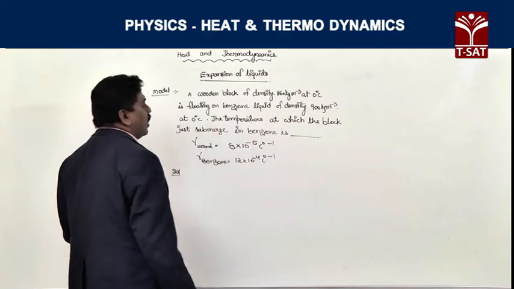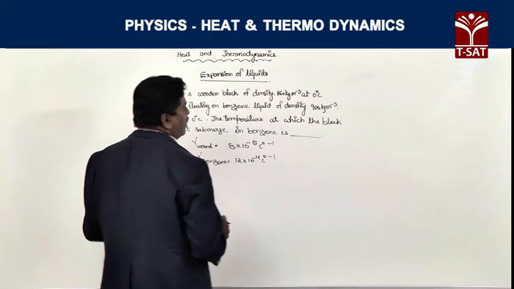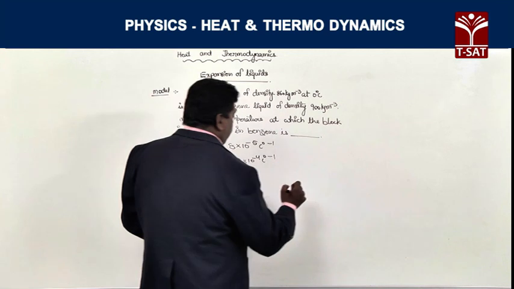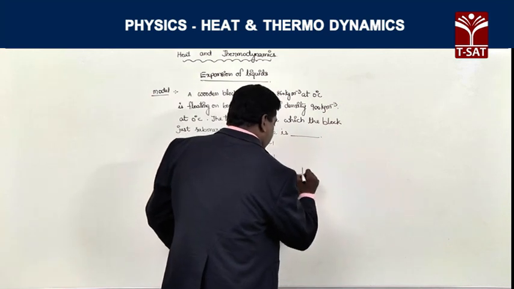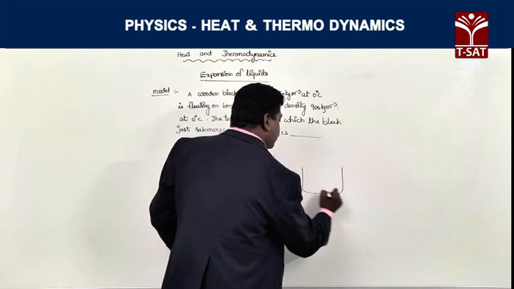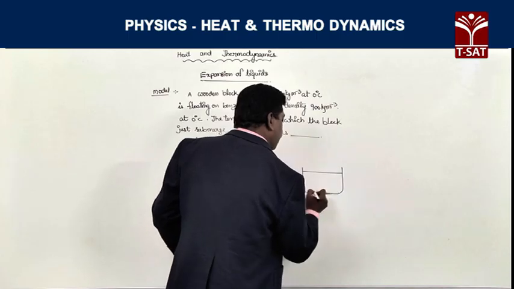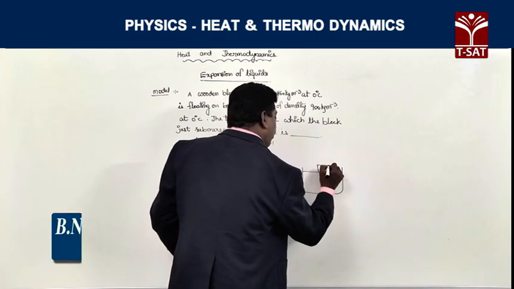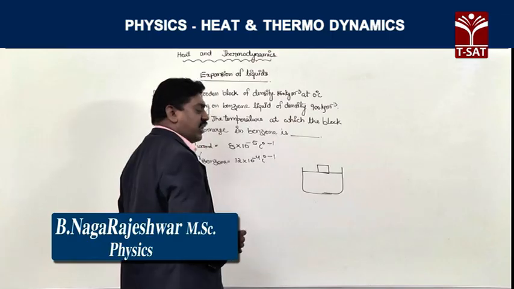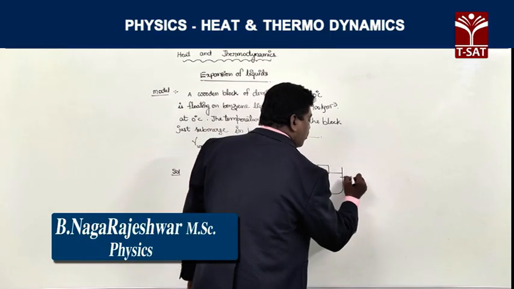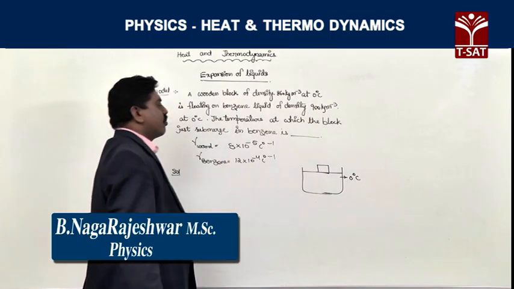Now, let us try to understand the submerging of the wooden block. Imagine the container having benzene in this manner, and the wooden block just floating on the benzene liquid at a temperature of 0 degrees Celsius.